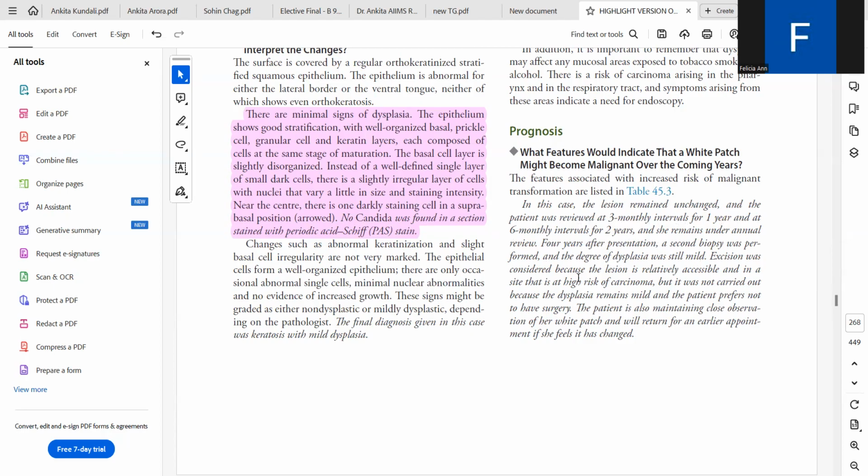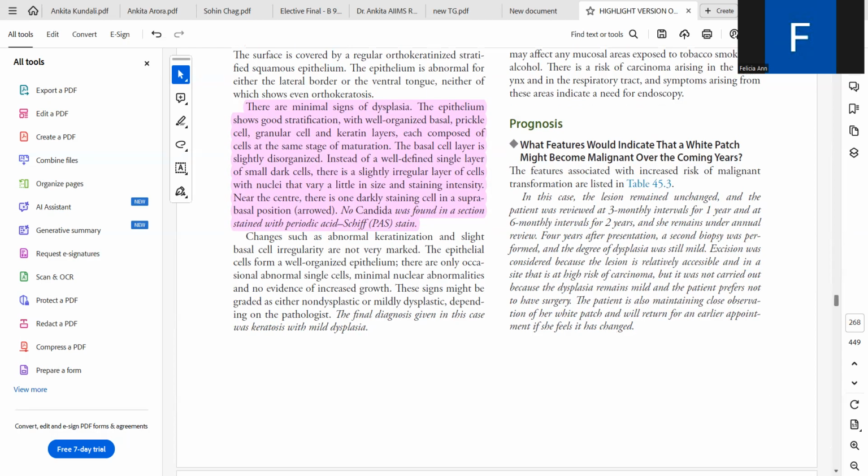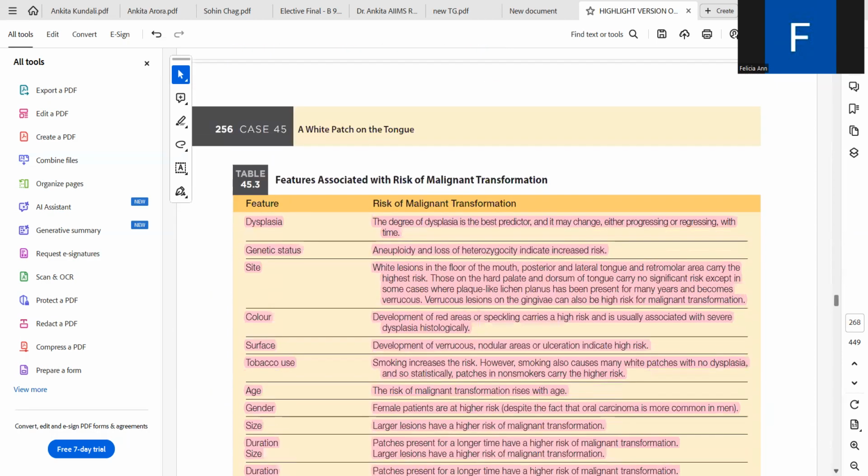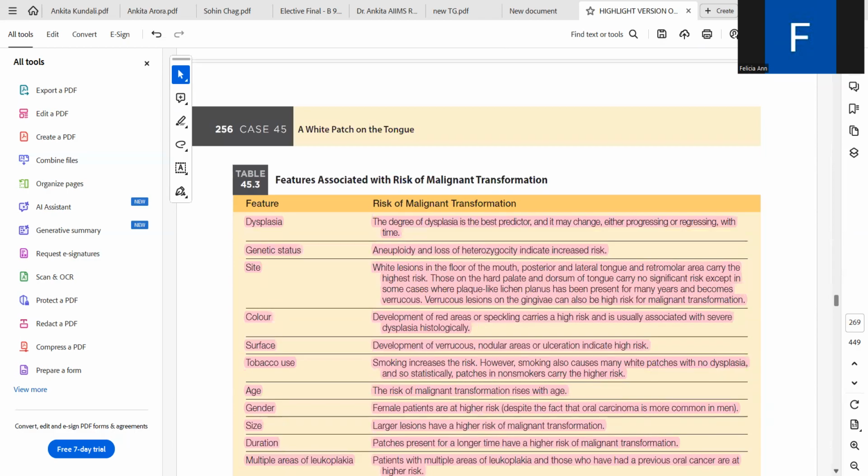So excision was considered because the lesion is relatively accessible and in a site that is at high risk of carcinoma. But it was not carried out because dysplasia remains mild and the patient prefers not to have surgery. So close observation, maintaining and following up is the key to it.